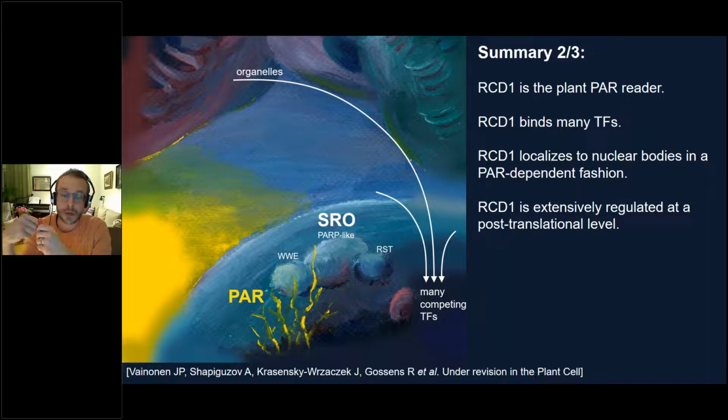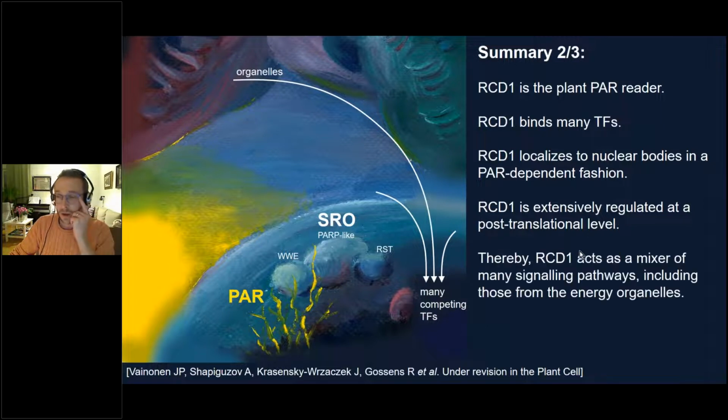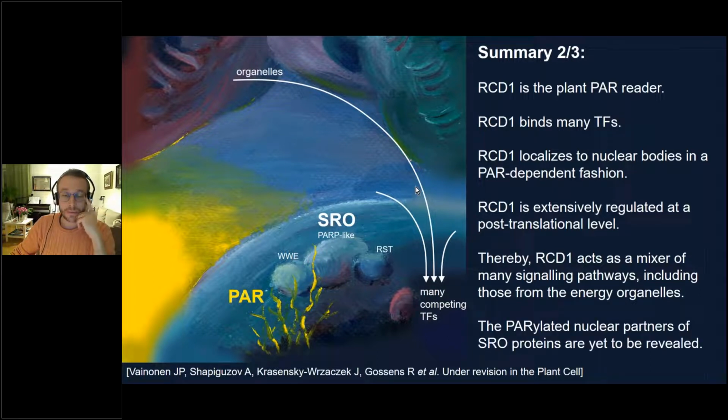You've seen it's also regulated by phosphorylation through PPK kinases. So thereby RCD1 acts as a signal mixer of many signaling pathways emitted by the energy organelles, photoreceptors, and so on. And the still remaining mystery is what actually are the proteins that are PAR-related, that are, through the PAR, the binding partners of SROs.